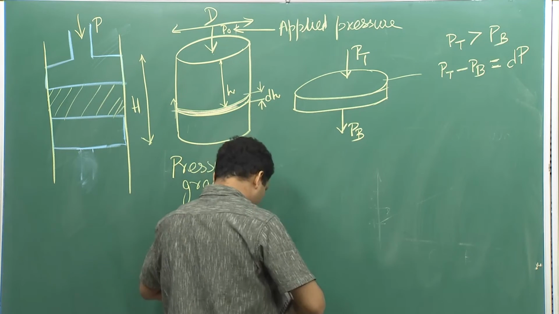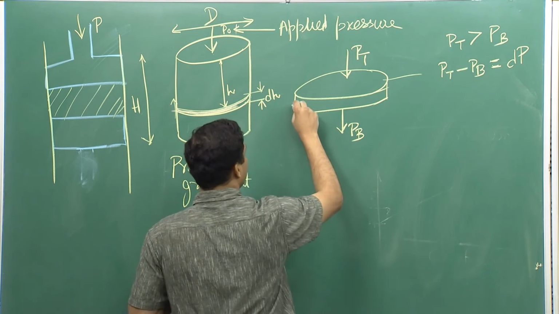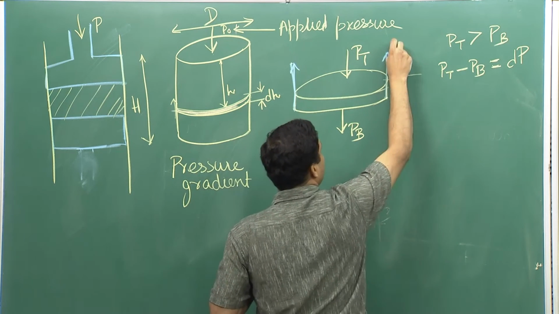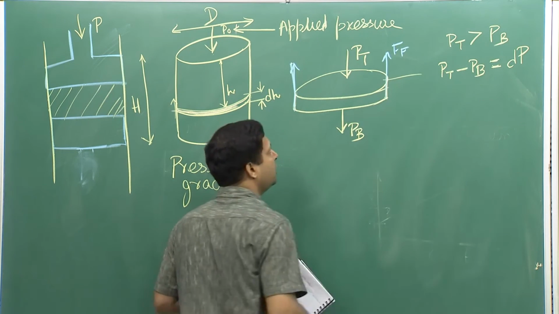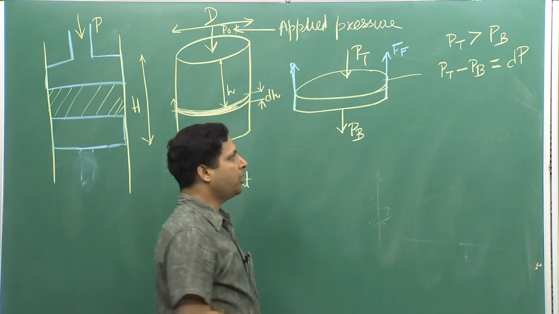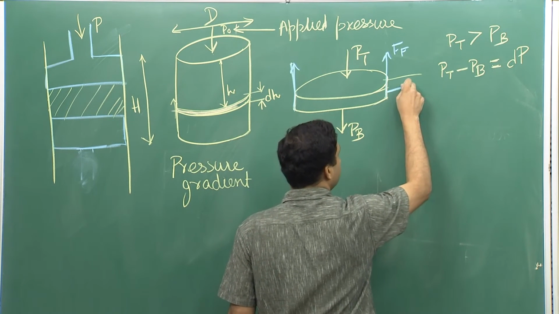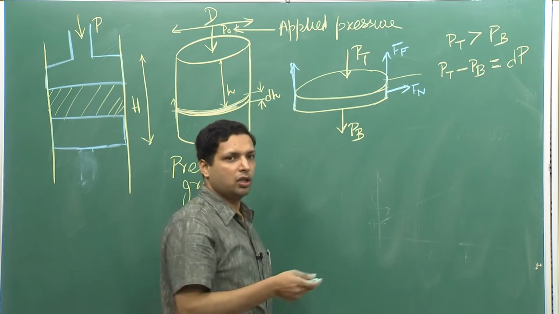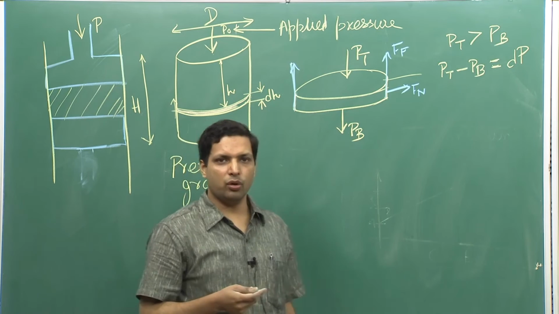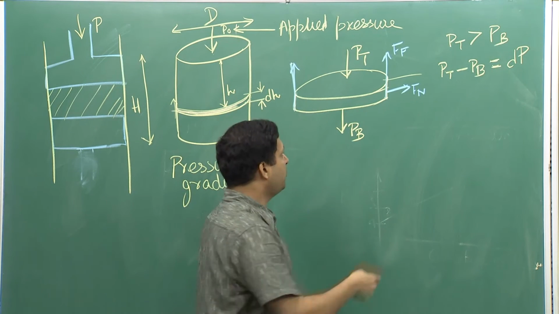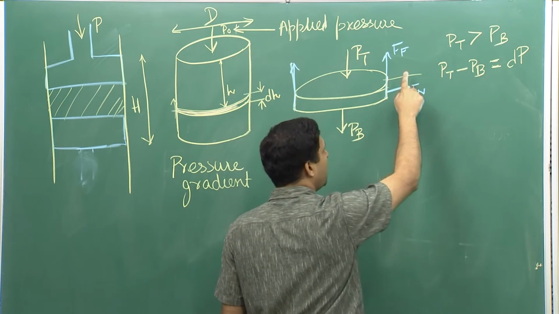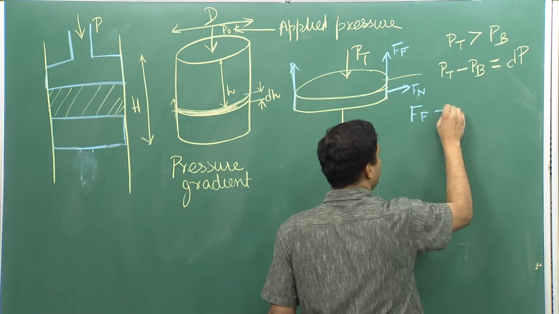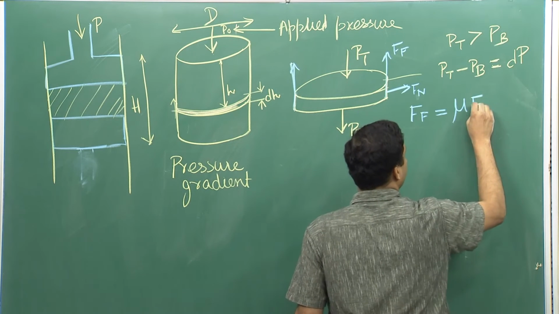Now, there are also some friction forces acting, which is Ff. This friction force would be equal to mu times Fn, where there has to be an Fn acting in this direction and mu is the coefficient of friction. So, Ff is nothing but mu times Fn.